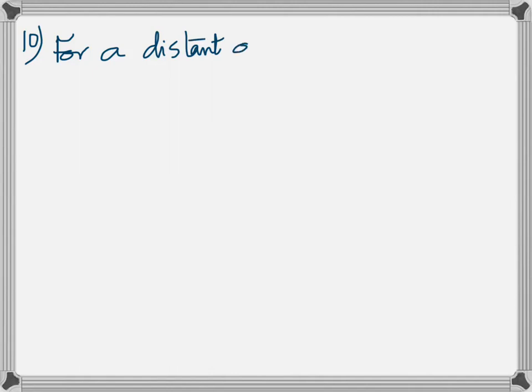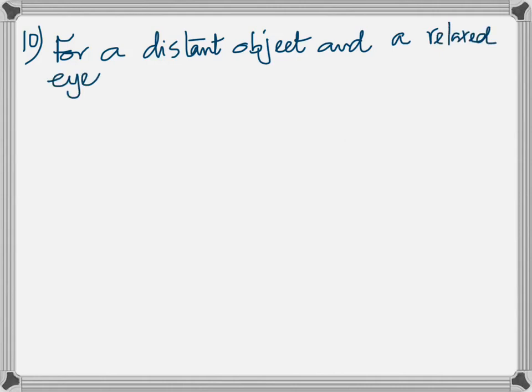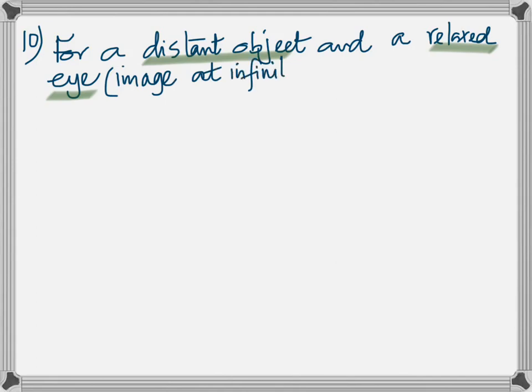we have two more. Okay, the 10th one. See, if ever it says for a relaxed eye, that means the image is formed at infinity. So the final image is at infinity.